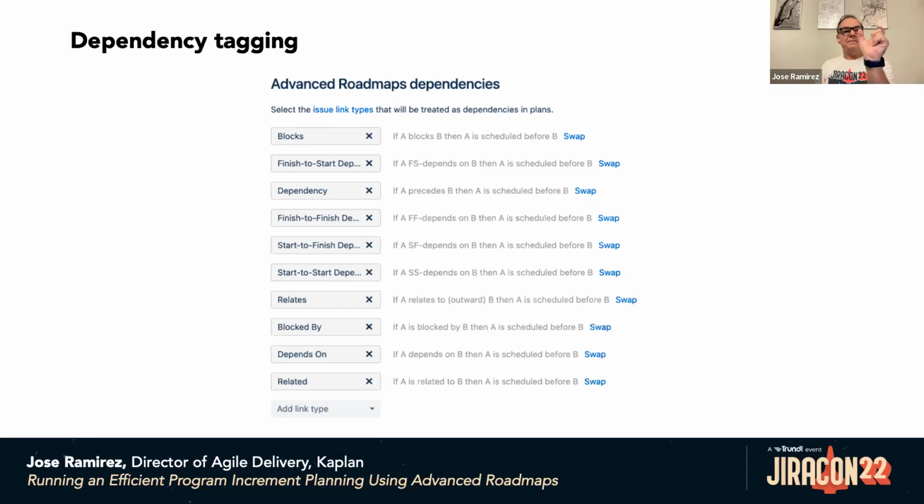So if we have an epic, for example, let's think at the epic level, an epic with a start date and a due date, and then several epics that depend on that epic, Advanced Roadmap can auto schedule the start date of the epics based on the dependencies.